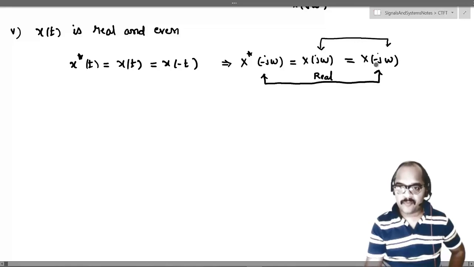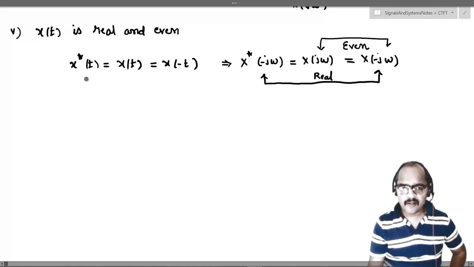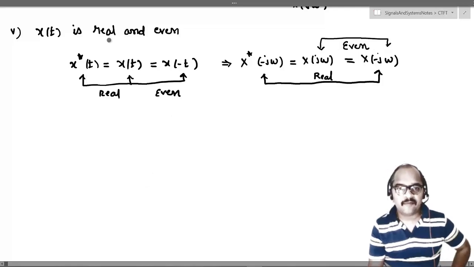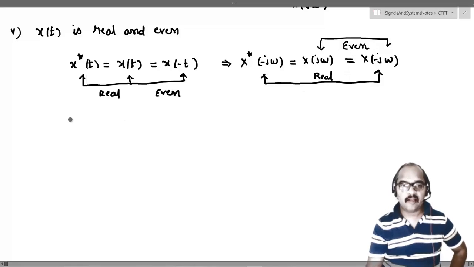X of j omega equal to x of minus j omega means that it should be even. Same is the case here, right? So x star of t equal to x of t means that it is real, and x of t equal to x of minus t means that it is even. So what have we got? If the signal is real and even, then the Fourier transform is also real and even.